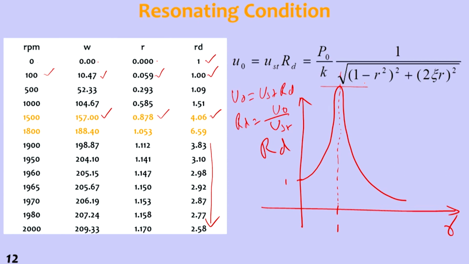So what damping does is, damping controls the amplitude of vibration. If it is undamped vibration, it would have gone to infinity and made the system break during the vibration.